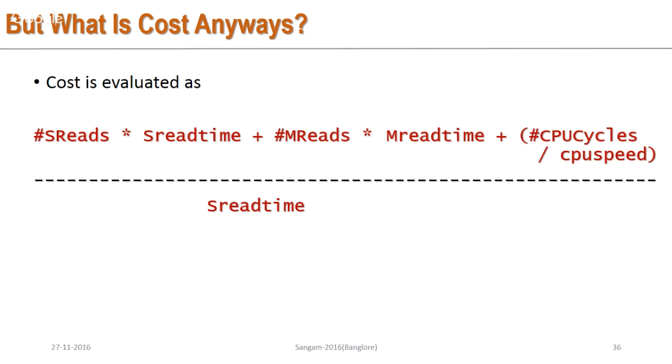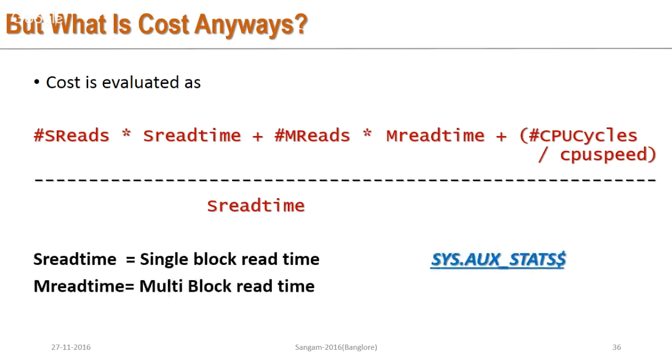And of course, these statistics are not just object statistics, they're actually part of the system. So they're listed in an internal table, which is the aux_stats$ table. And this is important because if the statistics are not there, then Oracle calculates the same thing by using something called noworkload statistics. The noworkload statistics are basically just guessed by Oracle, based upon guesswork.